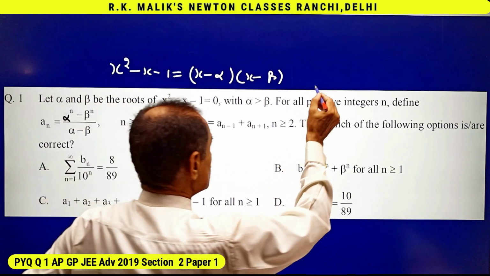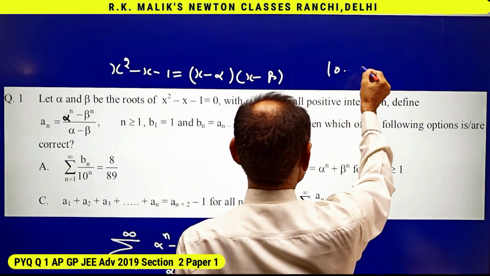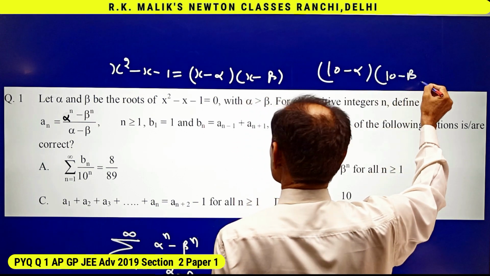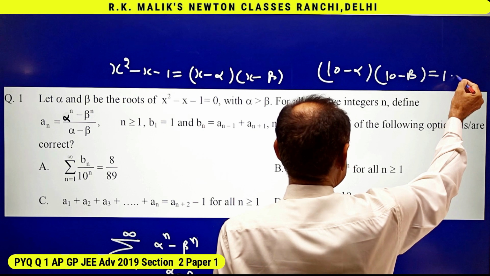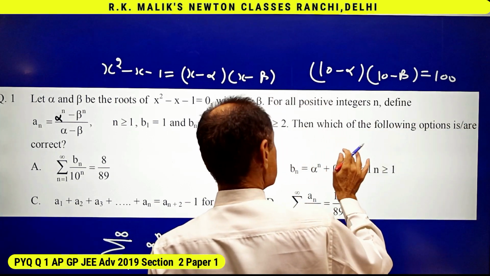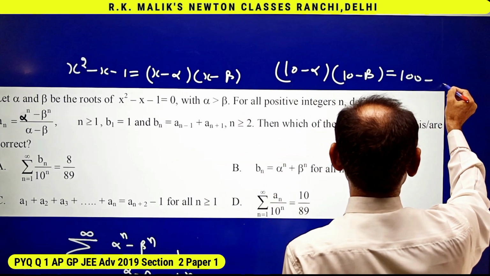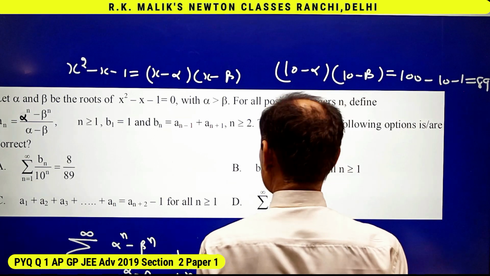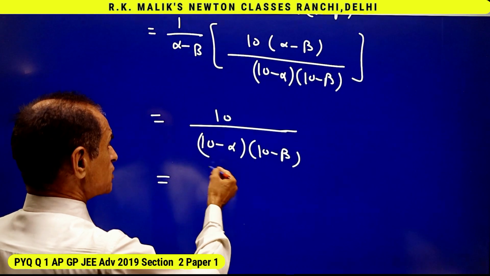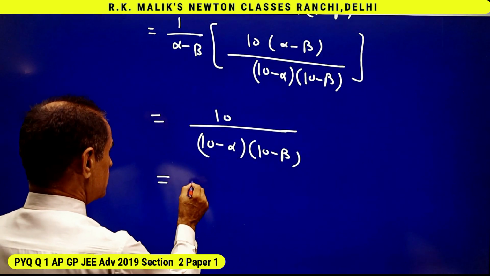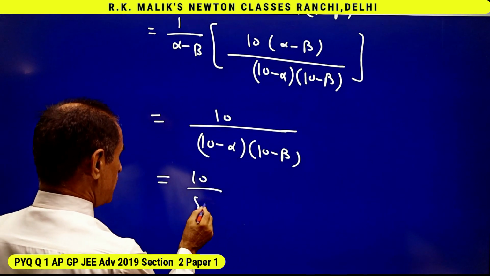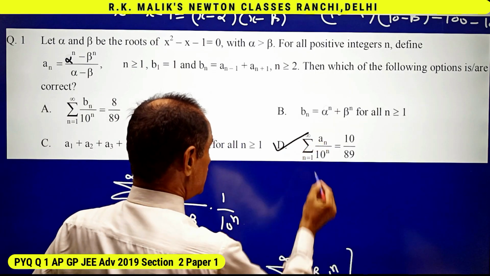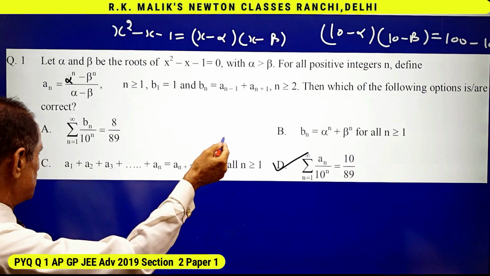We'll get (10 minus alpha) into (10 minus beta) equal to 100 minus 10 minus 1, that is 89. Hence we have got the value of this as 89. Therefore I get the answer 10 by 89. Hence I can say D is the correct choice.